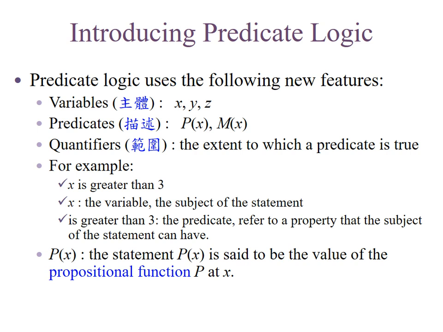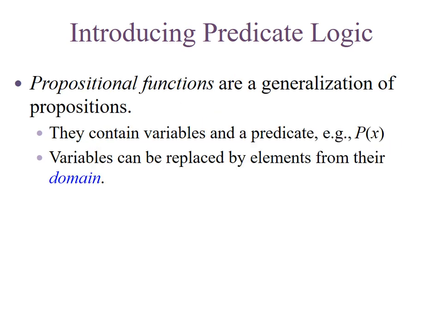So you can see it's more flexible. Once we use predicate logic, then we can express very general terms using variables. And then we can replace the variables by any instance within the extent, and then we can make it a proposition. Okay, so we can see it as a generalization of propositions.